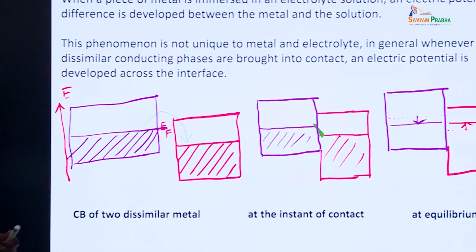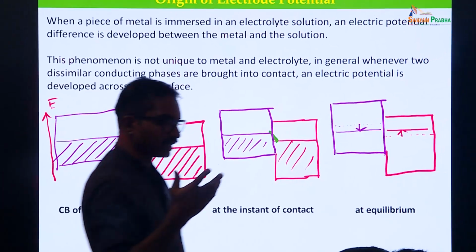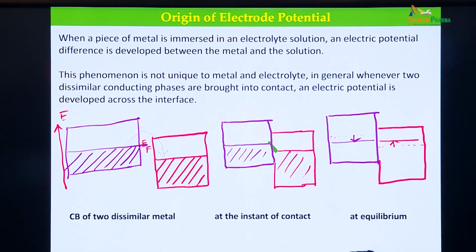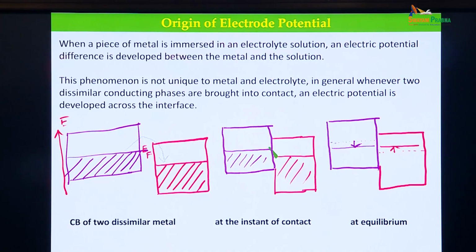There are many values reported in the electrochemical series, and the more negative it is, the element is more electropositive. That means it's a very good reductant.